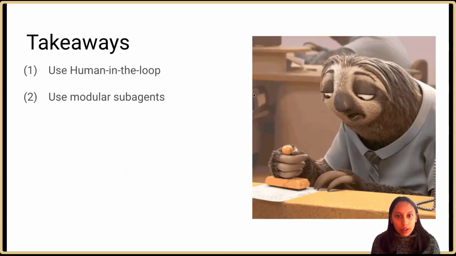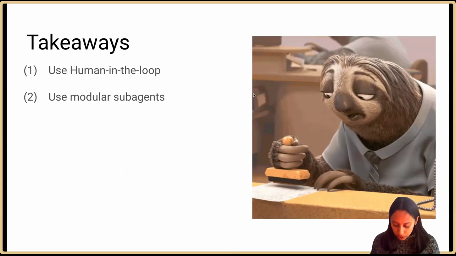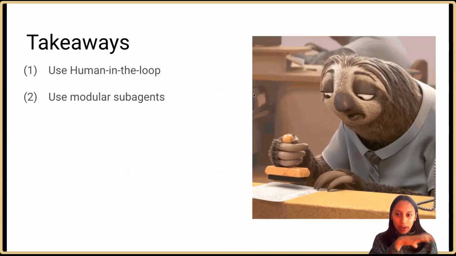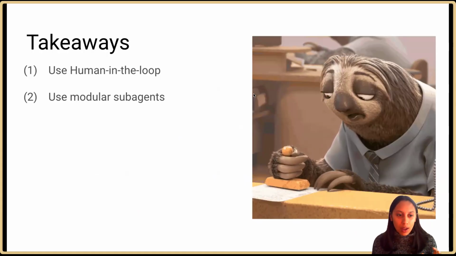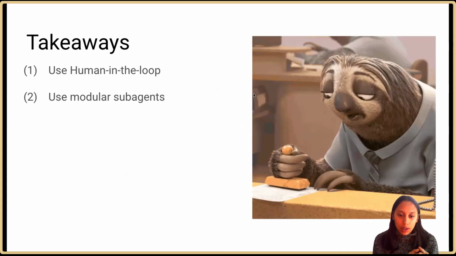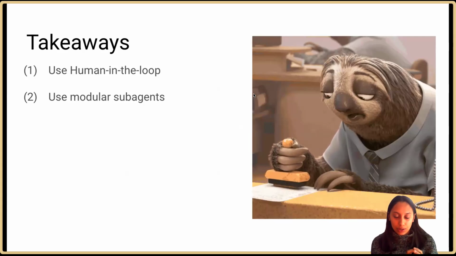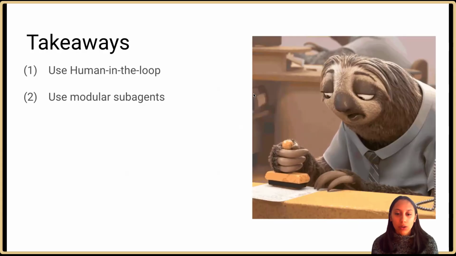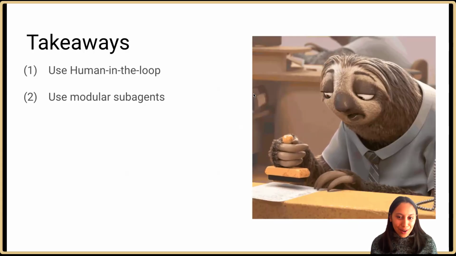And then the other takeaway is use modular subagents rather than just giving one agent all the tools, splitting it up into smaller agent goals. Hey, I just need to extract this catastrophe data from the submission packs, or hey, I just need to identify the catastrophe sheets. It helps to do context management for all of the agents and ensure that they're focused. So it's a very good design pattern.